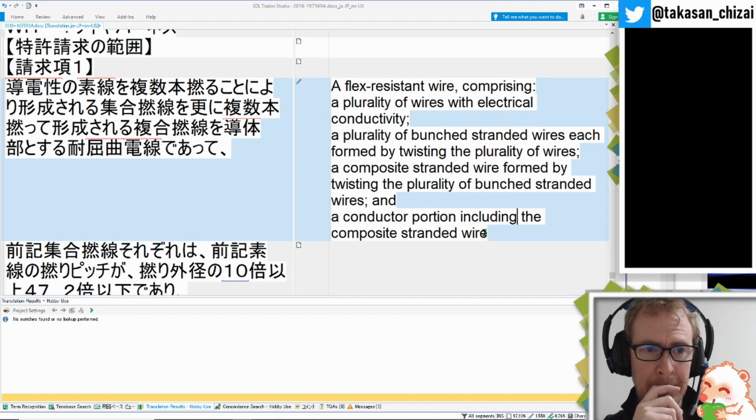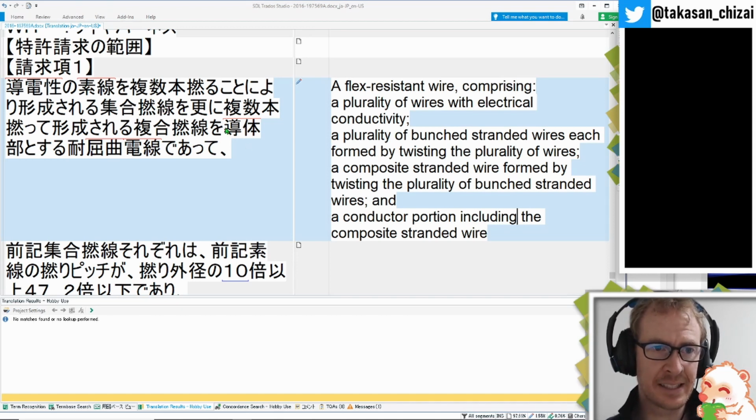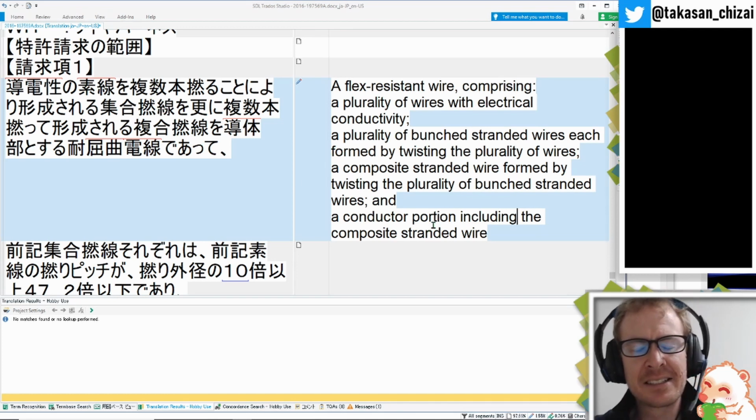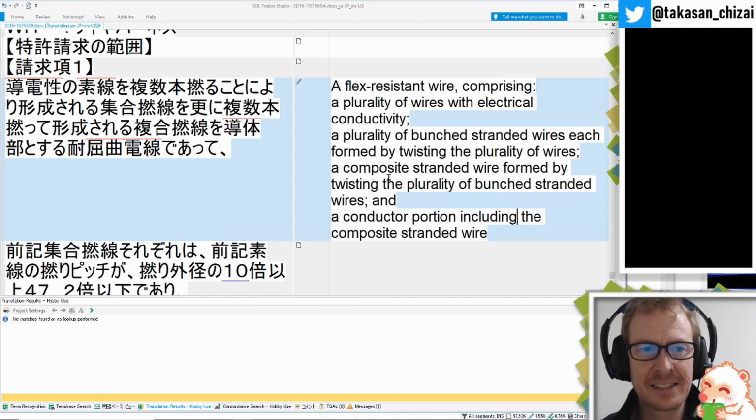We need to say that there is still a possibility that this includes the parts in between. But no, because it's conducting electricity, right? And the part that conducts electricity is the wire.